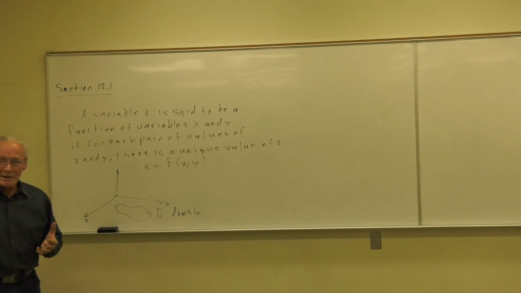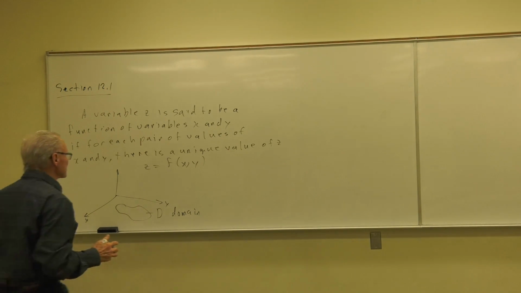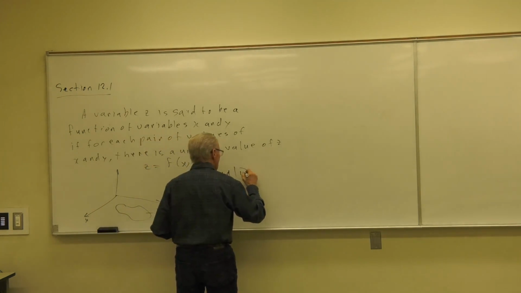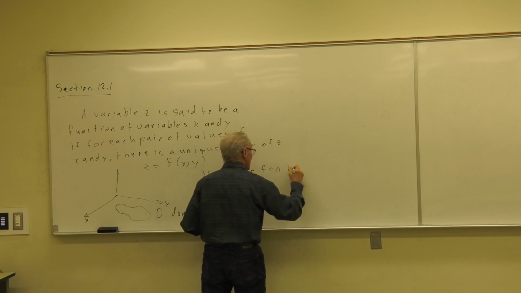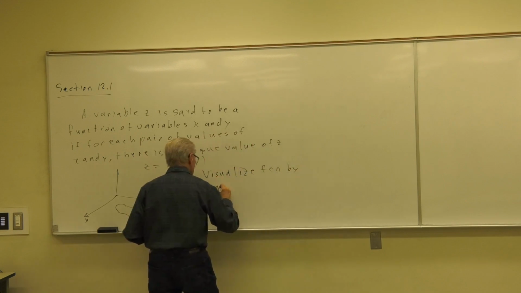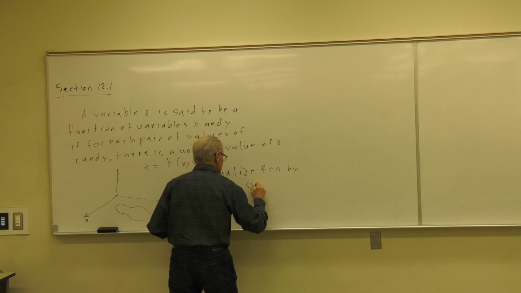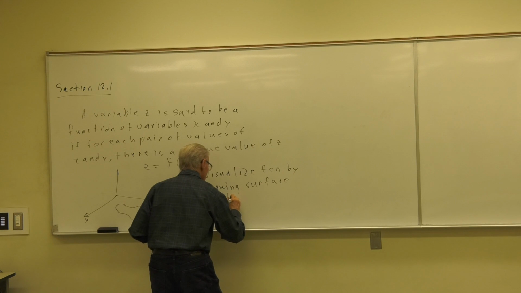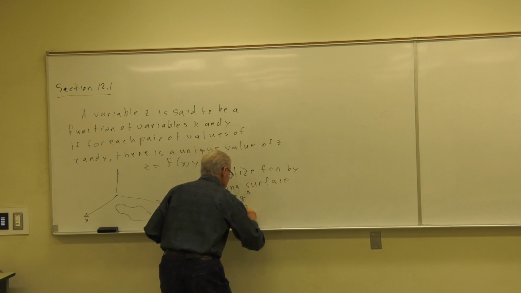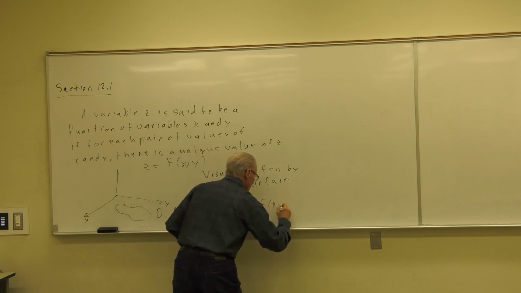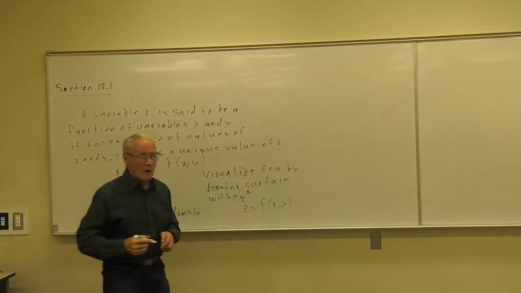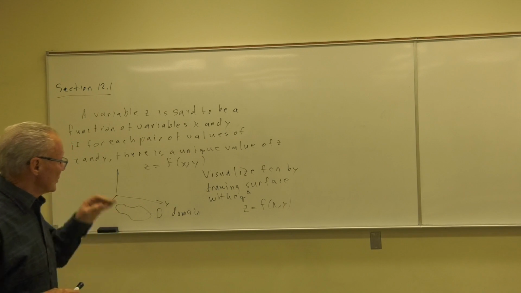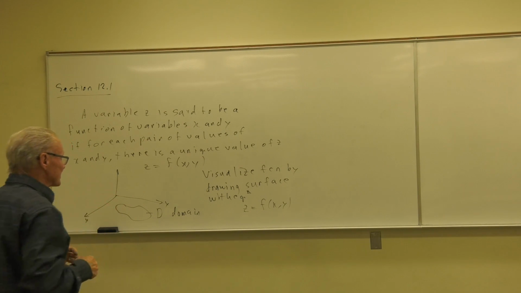We can visualize the function by drawing the surface with the equation z is equal to f of x and y. And this is why we were practicing drawing surfaces way back at the beginning of the course, in preparation for now visualizing functions.